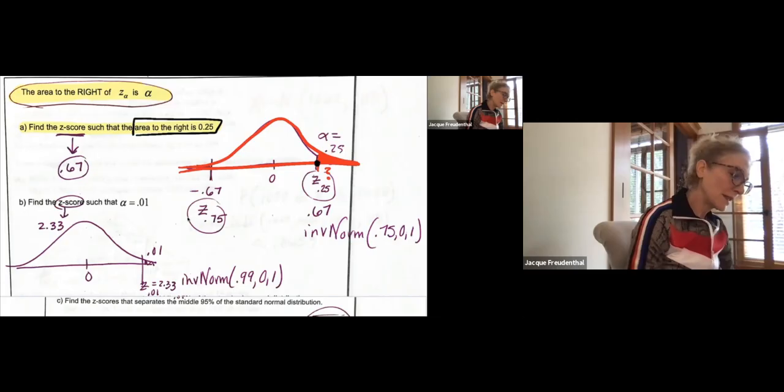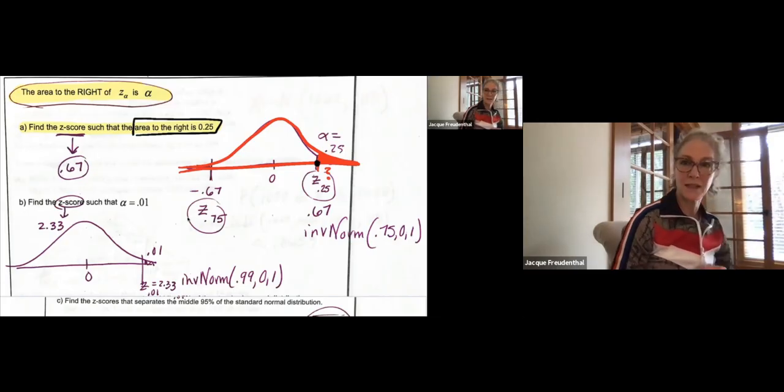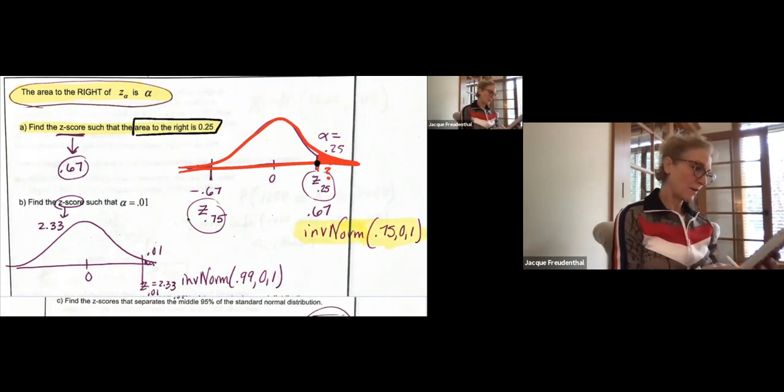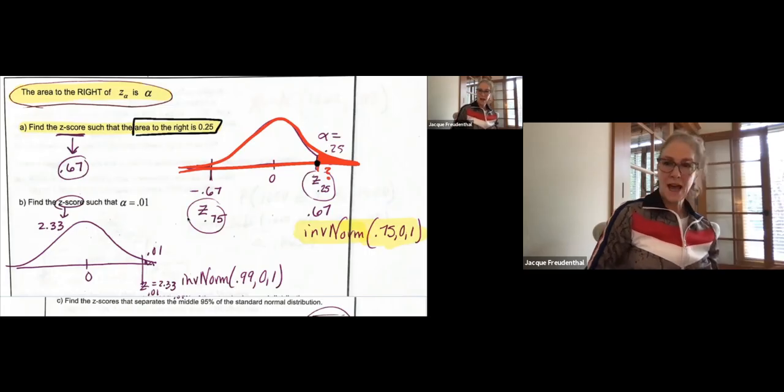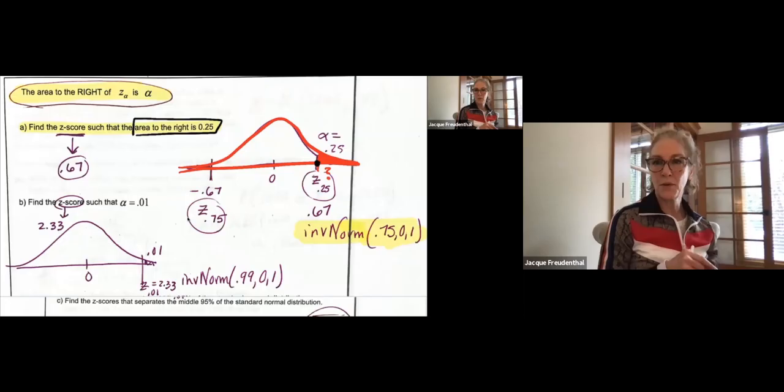We can do this with a command in the same place as second vars. It's called inverse norm. So if we go second vars and you go to inverse norm, it asks you for the area. So I want you right now to put in 0.25 for the area.